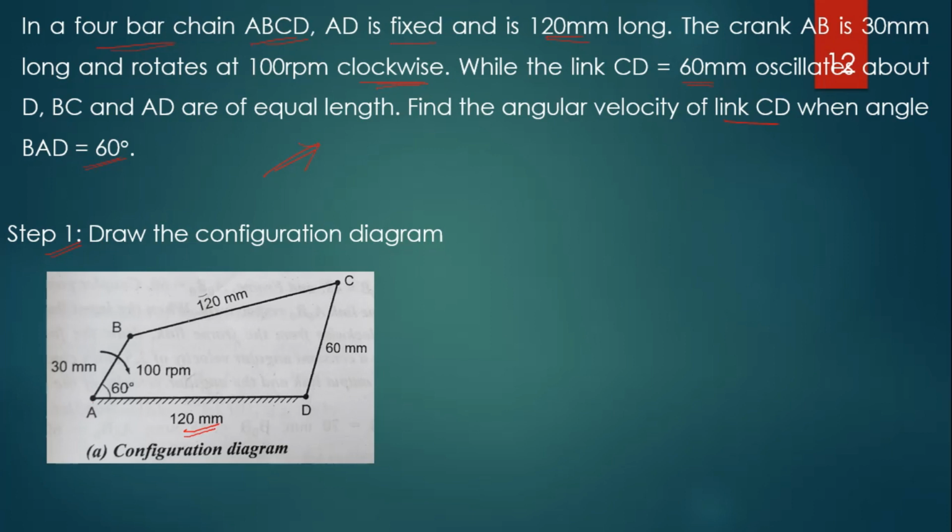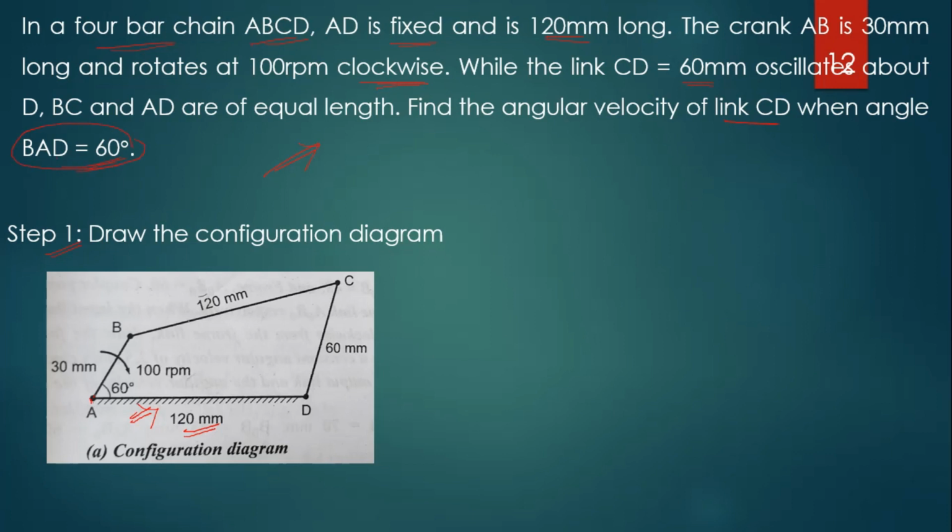So, AD is fixed, so we have to hatch this line AD, which means it is a fixed line, okay, right. Then next, the crank AB is 30 mm long. The angle BAD is equal to 60 degrees, right.